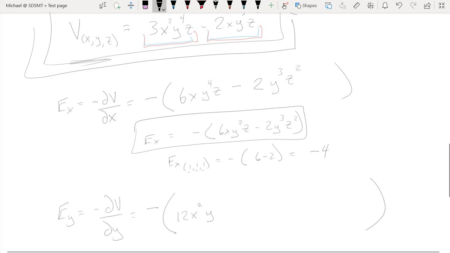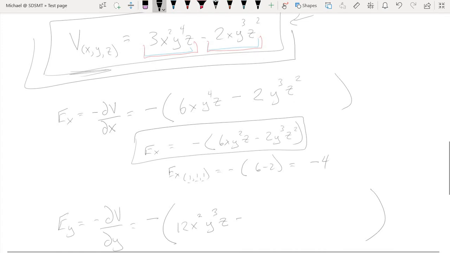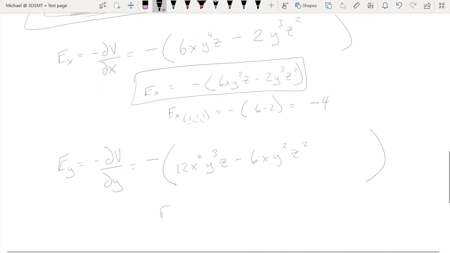We're now going to drop down to y to the third power, z to the first. And then we have 6x y squared z squared. That's our y component of electric field.